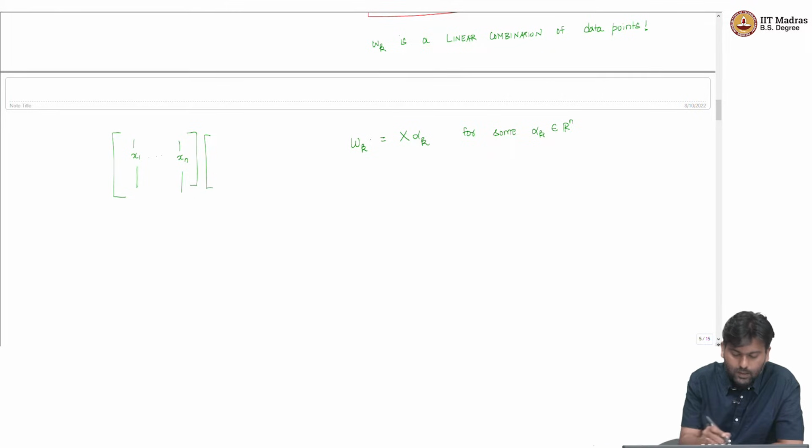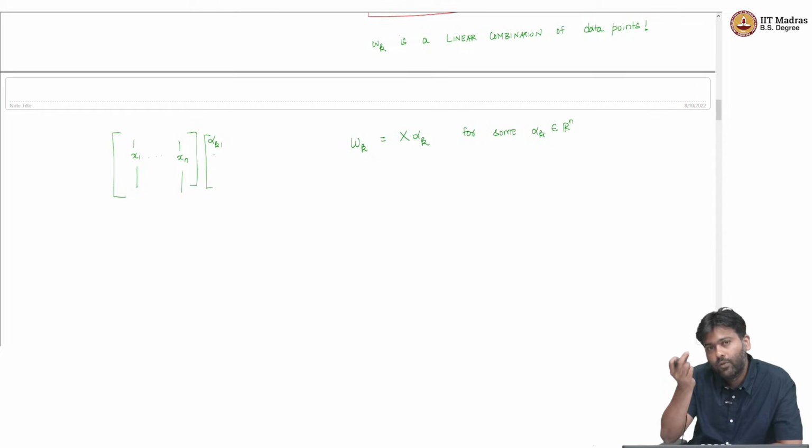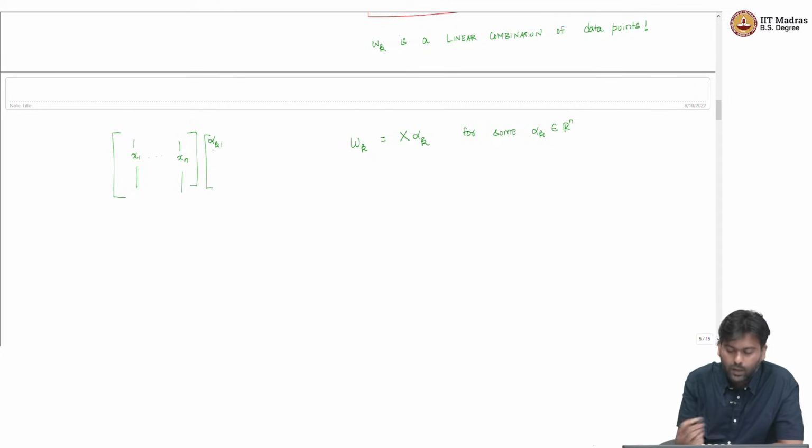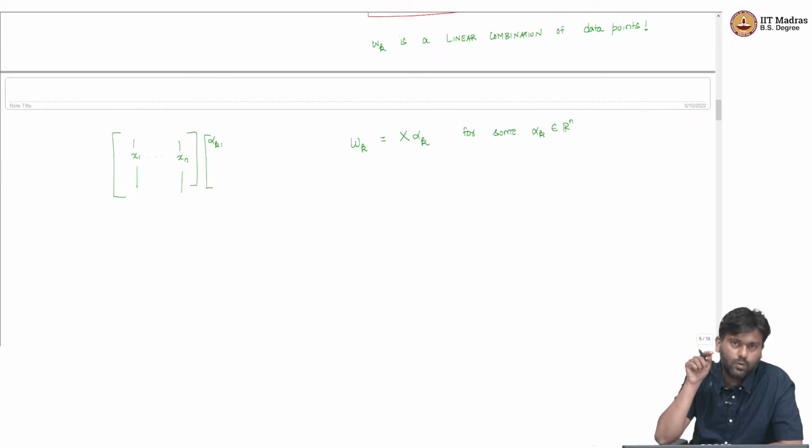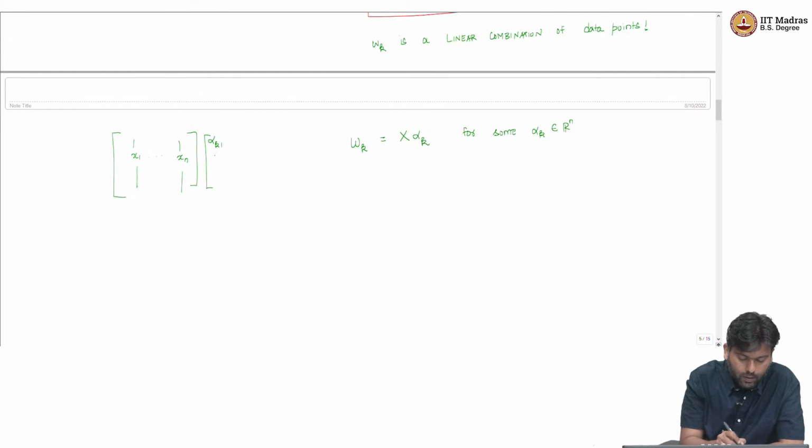Now, I am saying there is some alpha k in Rn, which gives some weight to each of these data points. The k says that these weights correspond to the eigenvector wk. So alpha k1 to alpha kn. Now, if I multiply this, this is just the sum over i equals 1 to n of alpha ki xi.